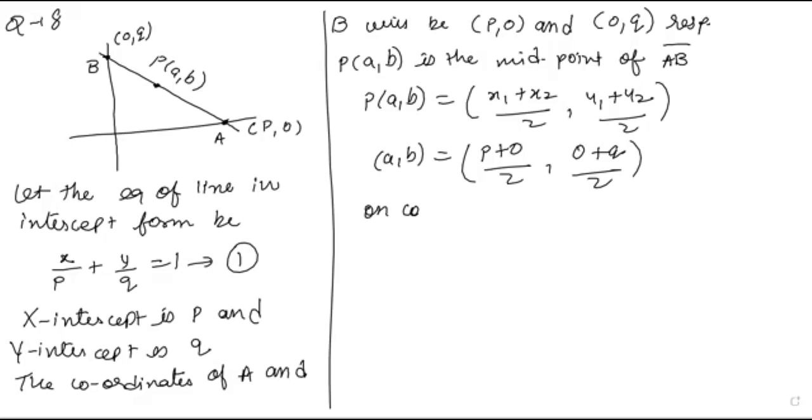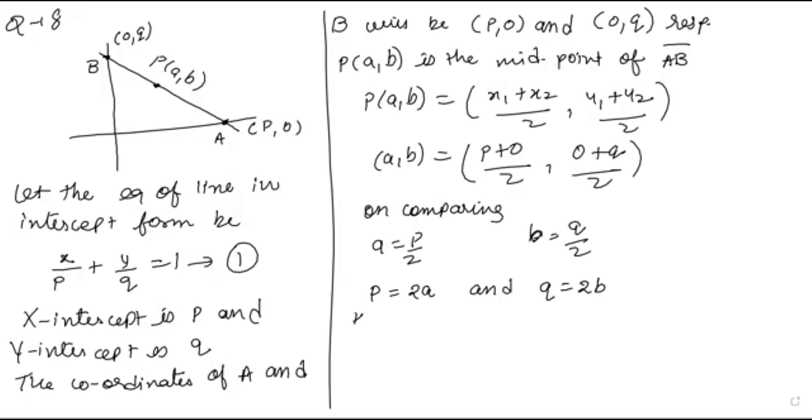So on comparing, I will have a is equal to p by 2 and b is equal to q by 2. So I will have p is equal to 2a and q is equal to 2b.